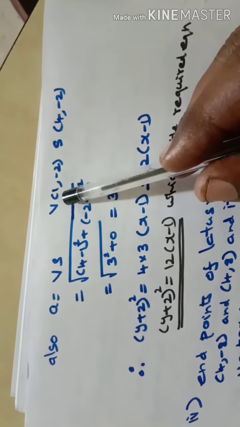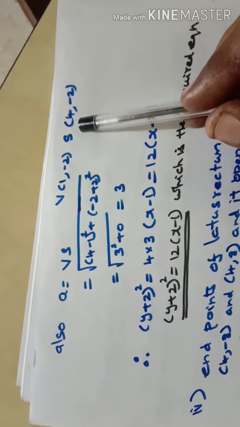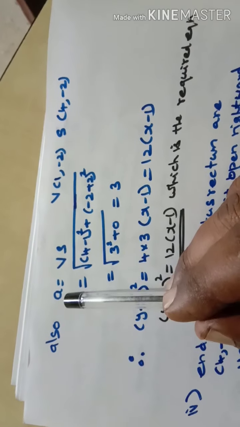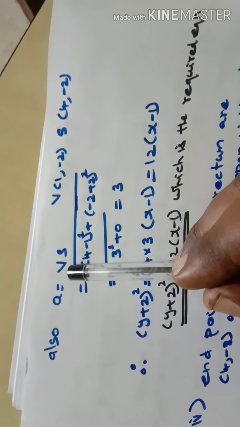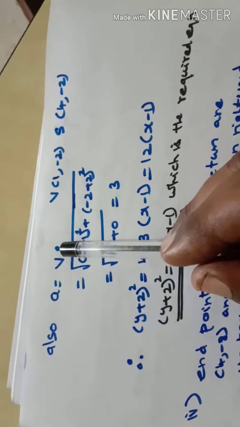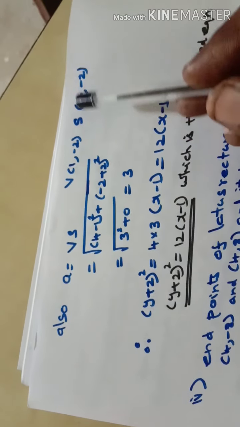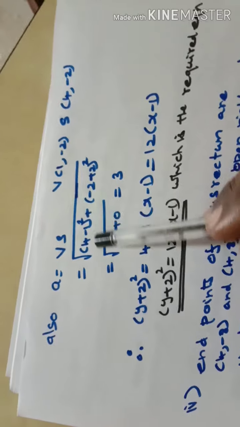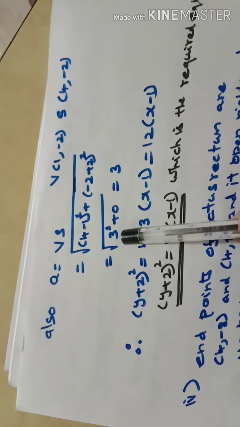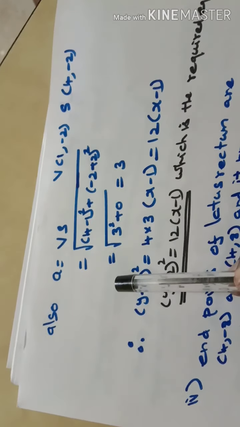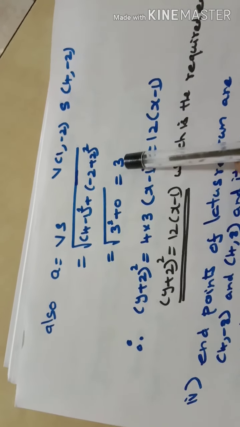So here V is (1, -2) and S is (4, -2). You know that a is nothing but the distance between the vertex and focus, that is VS. Use the distance formula: 4 minus 1, minus 2 plus 2. So you are getting 3 square plus 0, that is nothing but 3. So a is 3.